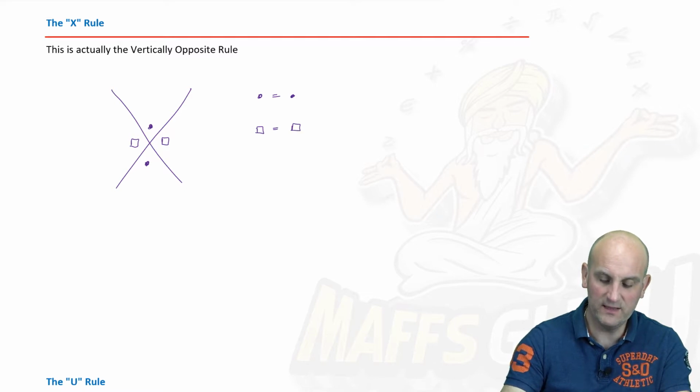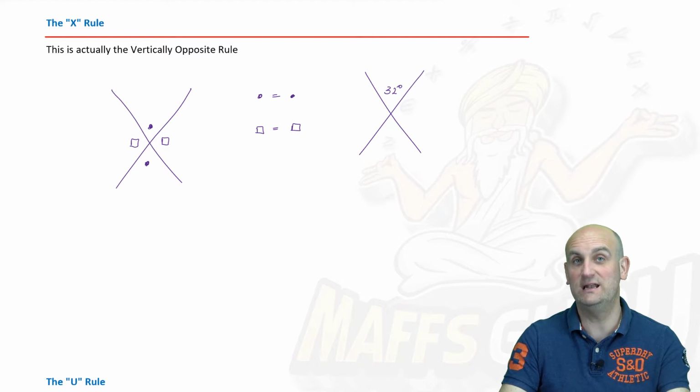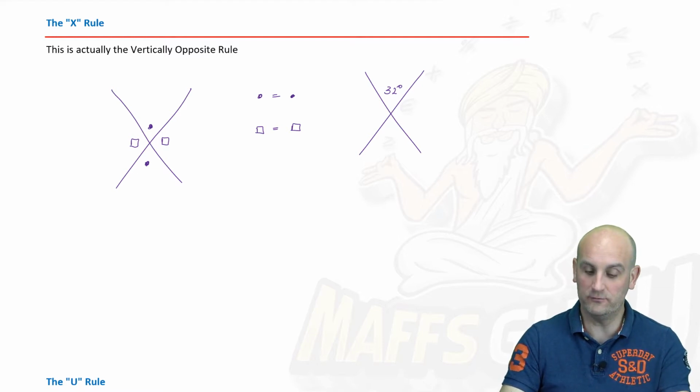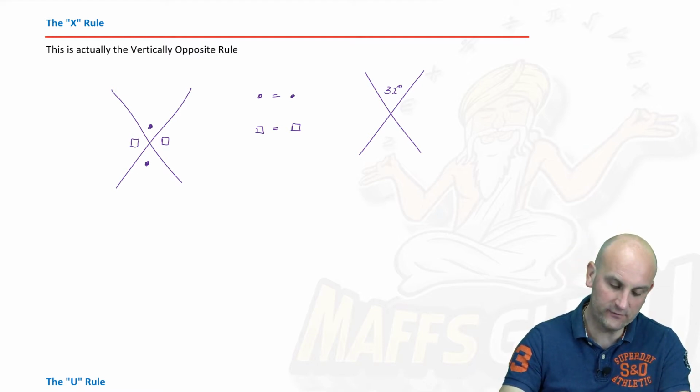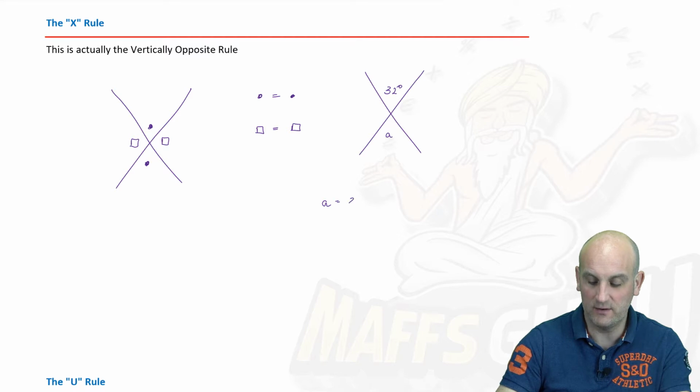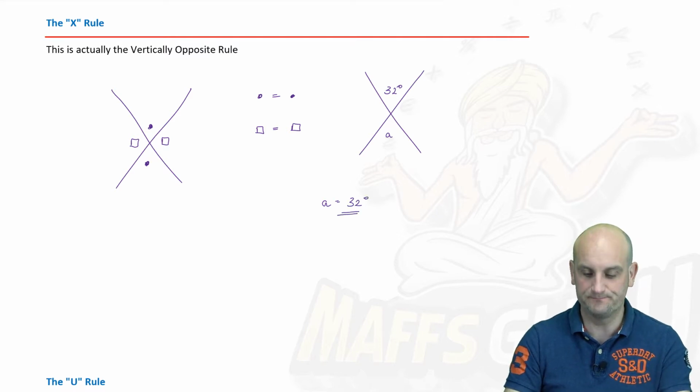So if I had this here and I told you that that was 32 degrees, I can actually now find all of the other angles here. So first things first, I now know that, let's write that down as angle A. So A now must be 32 degrees because of the vertically opposite rule.